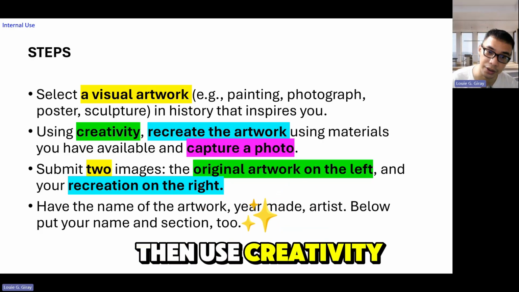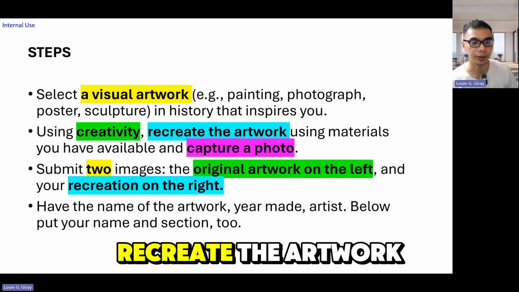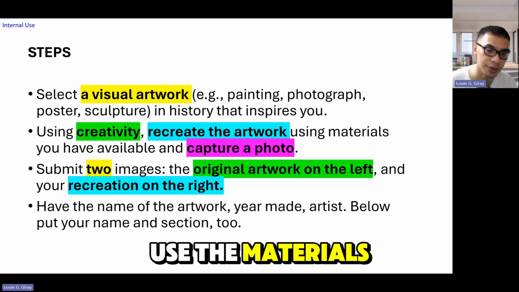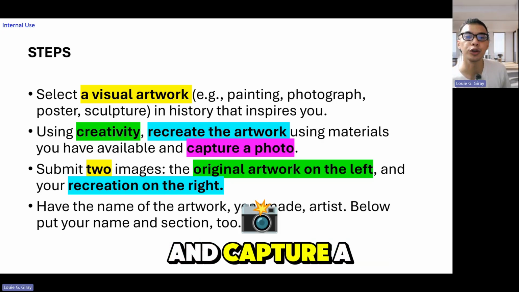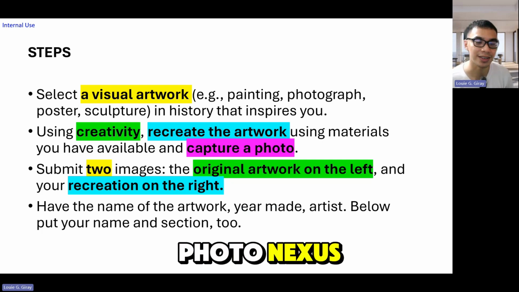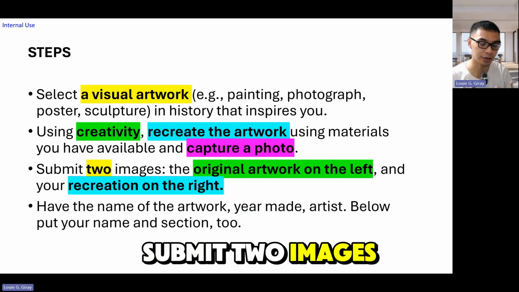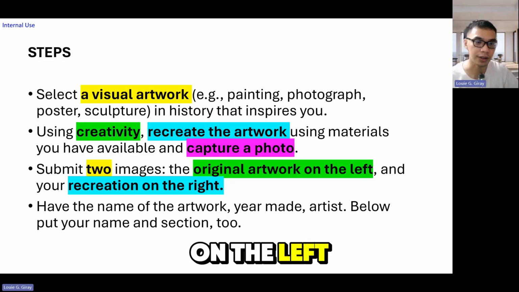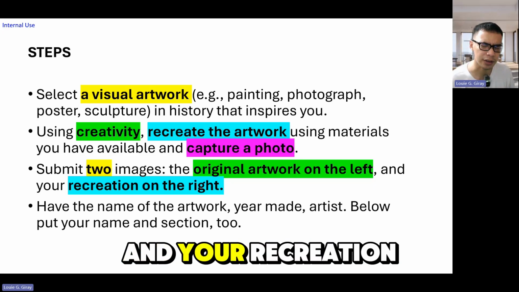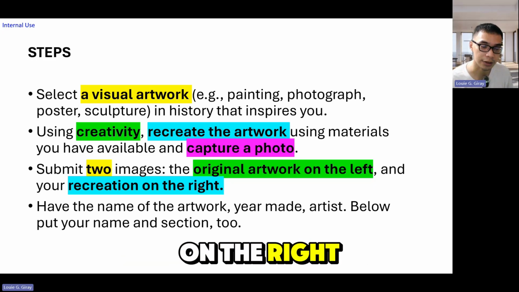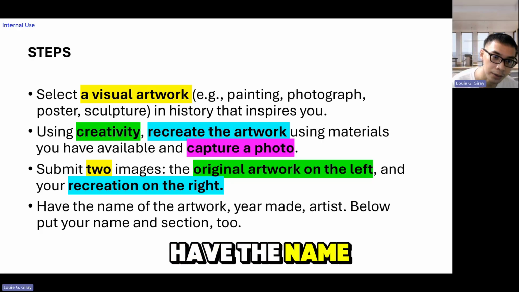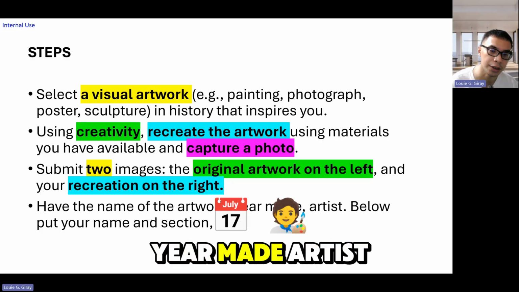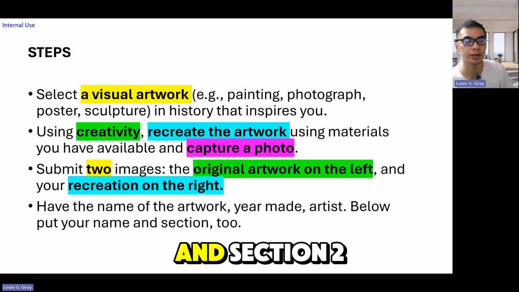Then use creativity, the things that you learned here. Recreate the artwork, use the materials you have available, and capture a photo. Next is submit two images and should be in one piece. The original artwork on the left and your recreation on the right. Lastly, have the name of the artwork, year made, artist, put your name and section.